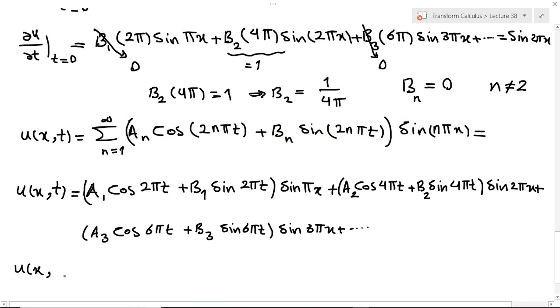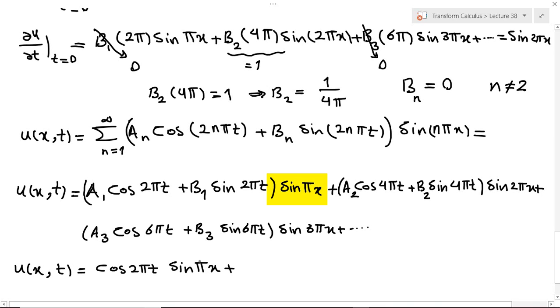So u of x and t is equal to... We know that we found a1 is equal to 1. As a result, we have cosine 2 pi t. b1 was equal to 0, times sine pi x.